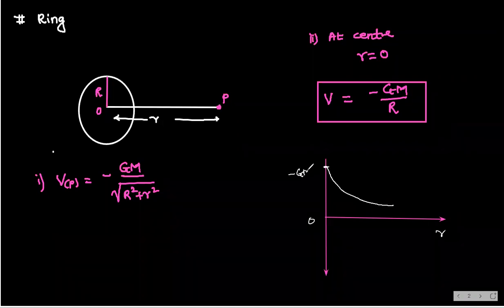Minus GM by R, which is at center when r is equal to 0. At r equal to 0, it has the value minus GM by R and it will go on decreasing. You can see as r is increasing, it will go on decreasing. Understood? This is for ring. Clear? Note down fast.